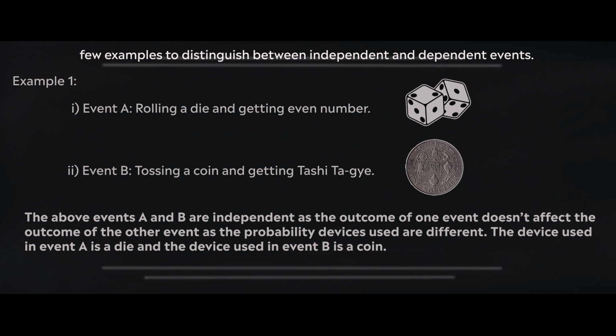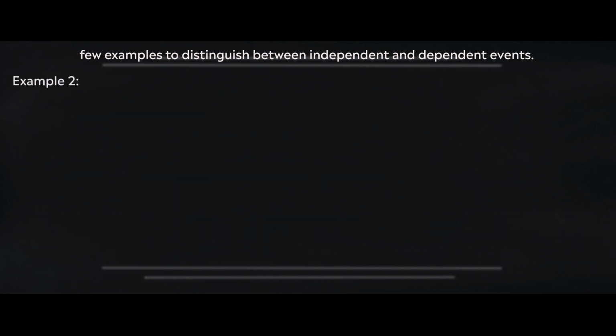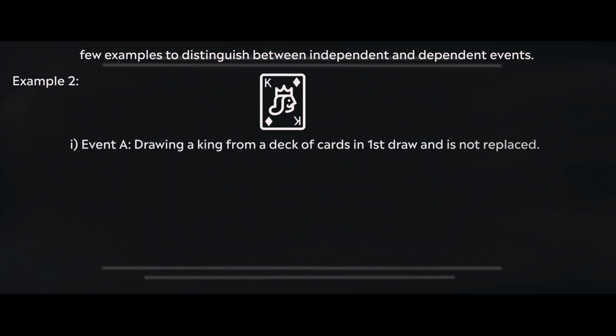Now let's consider example 2. In example 2, event A is described as drawing a king from a deck of cards in first draw and the card is not replaced, and event B is drawing a king in a second draw.